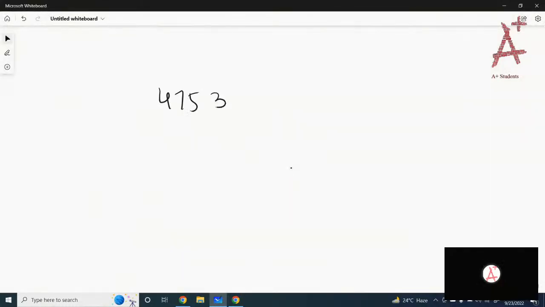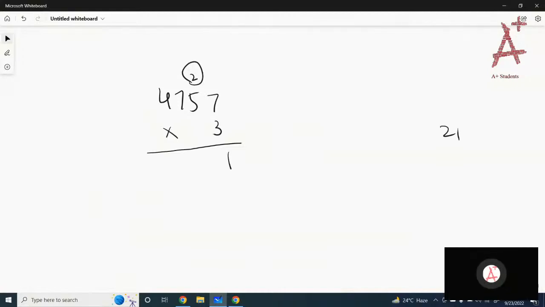4757 times 3. Okay, so always start doing multiplication from the rightmost digit. So you have to do 3 times 7. So 3 times 7 is, start counting the table of 3. It is 21. You have to write the ones digit over here and carry the tens.